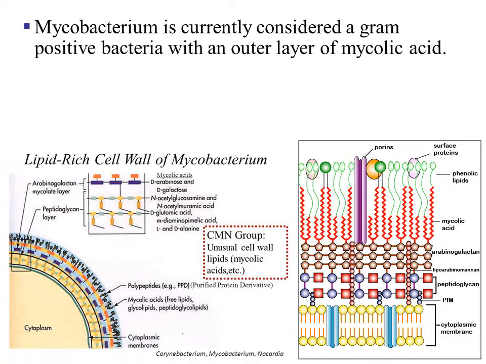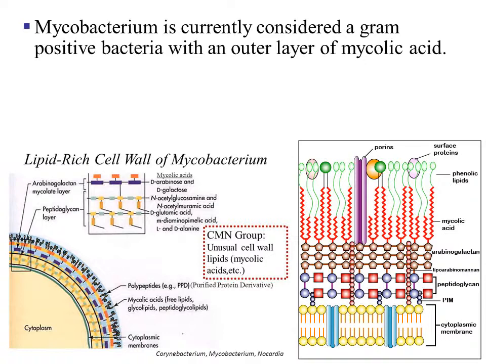The last category of drugs we will talk about will affect bacteria that produce tuberculosis and leprosy. That bacteria is Mycobacterium. Mycobacterium is a very, very difficult bacteria to inhibit or destroy because it has a very thick, waxy mycolic acid layer. So this bacteria is a gram-positive bacteria, and it has this outer coat.